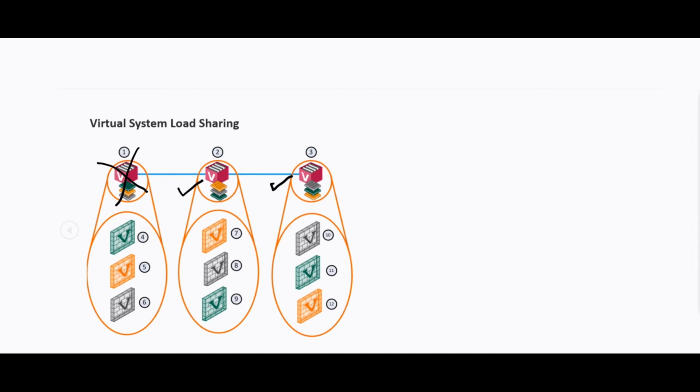Similarly, if the virtual system fails due to one reason or another, this virtual system which was active, the next member which is fully synchronized with this virtual system, consider this one, becomes active. So this virtual machine becomes active, and the next available virtual machine which was acting as a backup becomes a standby.